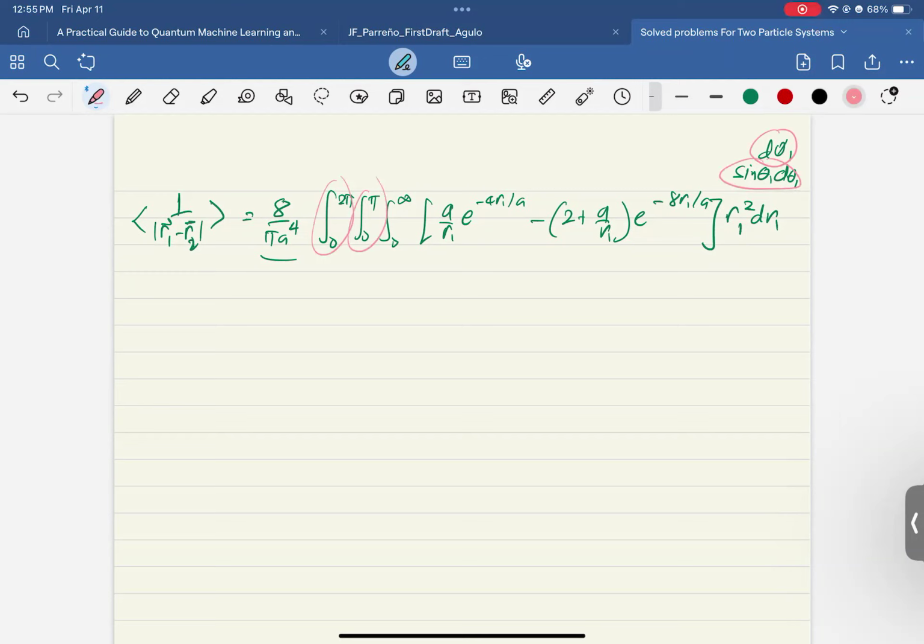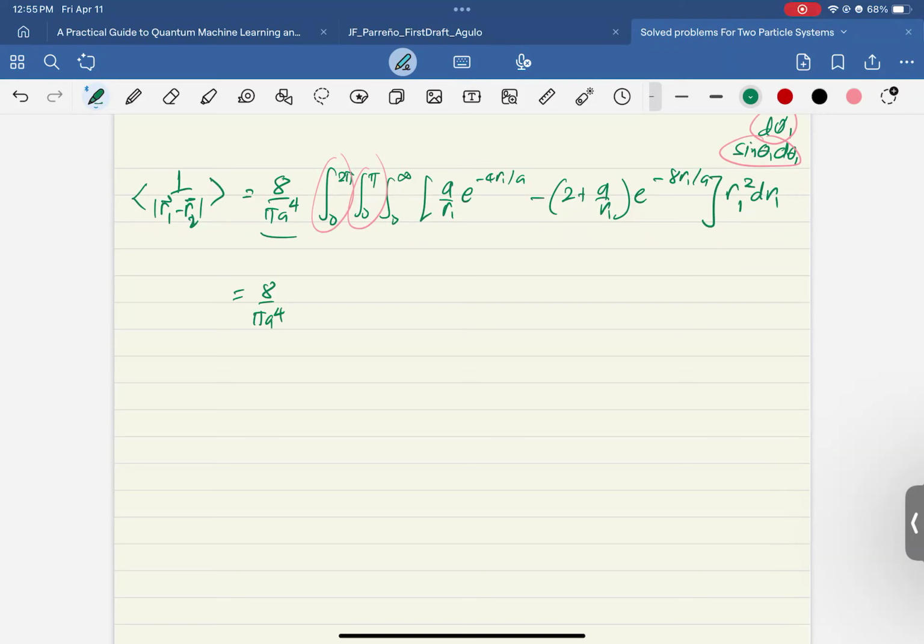So kaya, pag sinulat natin ito, 8 over pi a to the fourth, magkakaroon ng 4 pi dyan. And we are left with the integral from 0 to infinity of a over r1 exponential minus 4 r1 over a minus 2 plus a over r1 exponential minus 8 r1 over a, r1 squared d r1.